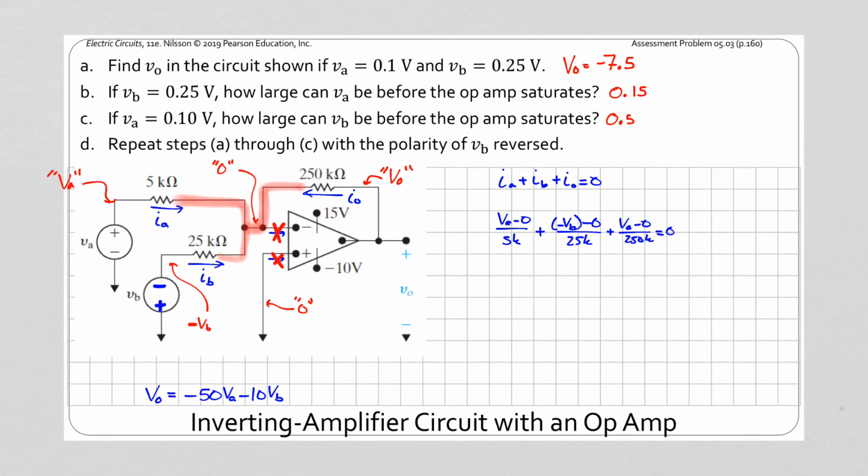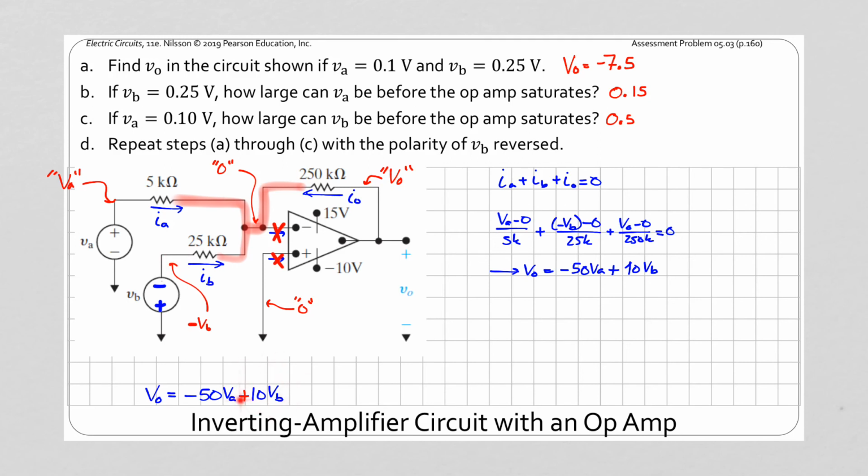And you can see here what will happen is if we solve for VO, we'll end up with negative 50 VA, and it will be now plus 10 VB. So it's the exact same equation that we had before, but now we're just making it a plus VB. And now if we want to find VO given these values, we still have the same value of VB. The polarity's just changed, so now this is at negative 0.25 instead of positive 0.25.